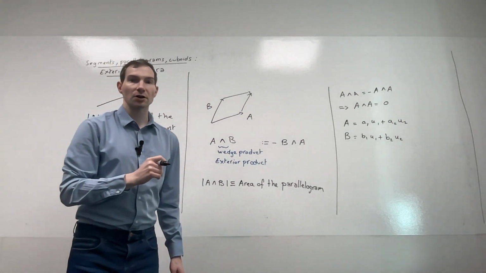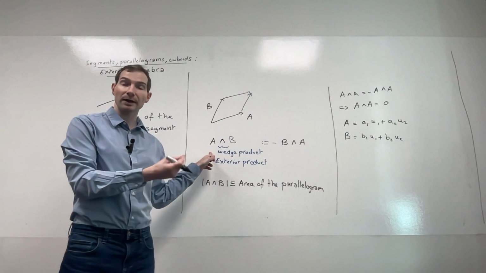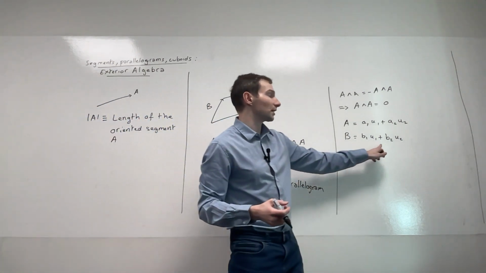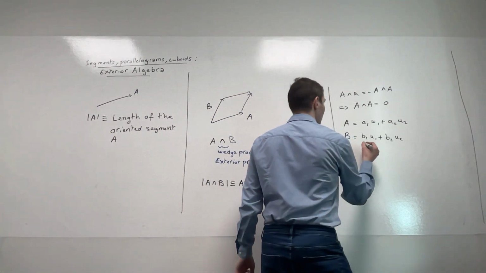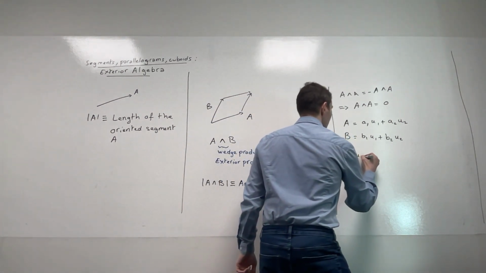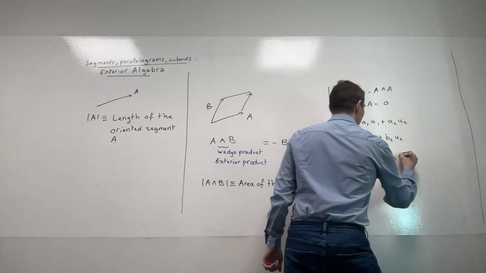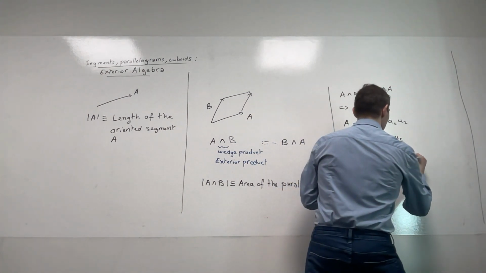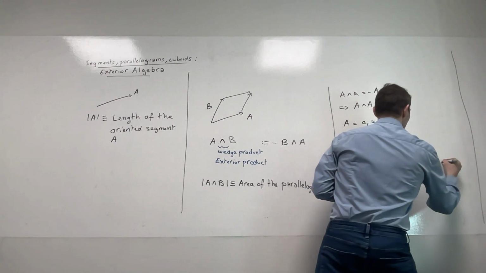Because it's a product, it maintains the property of so-called distributivity with respect to the addition. So what I'm going to get is the following: A1 U1 plus A2 U2, and then wedge, B1 U1 plus B2 U2.